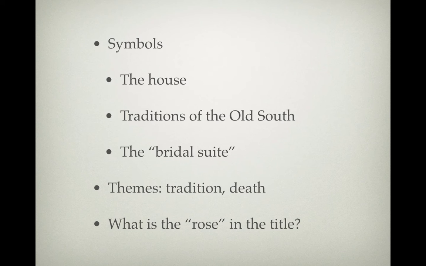Remember when we saw her father driving her boyfriends away? You know, they're having all these memories. And so in some ways, their remembrance of her, their telling this story, is like the offering of a rose at her funeral, okay? So the story itself is their rose for Emily. Even though Emily, along with these old traditions, has died, they are honoring her memory by telling the story. Does that make sense?